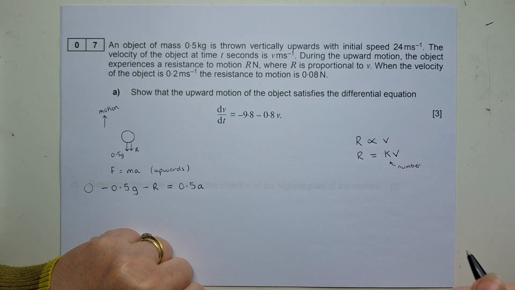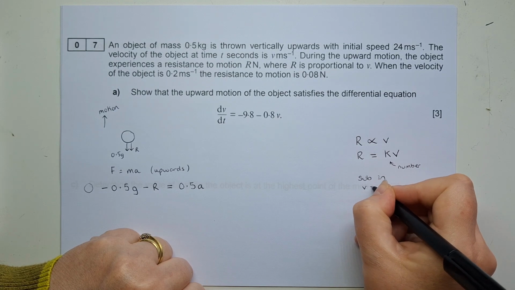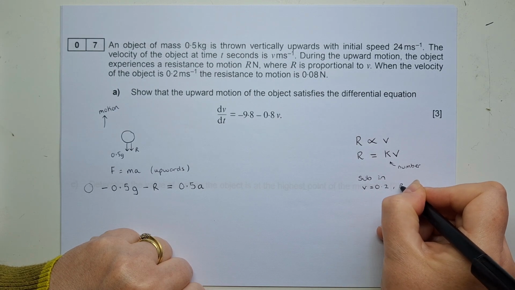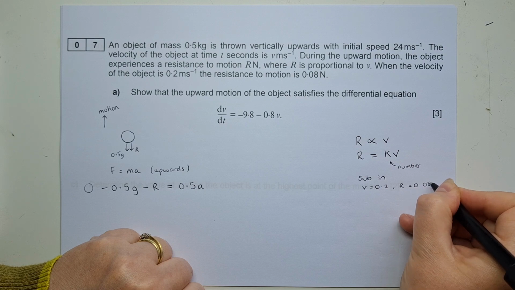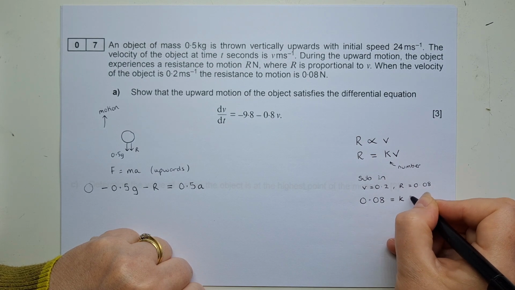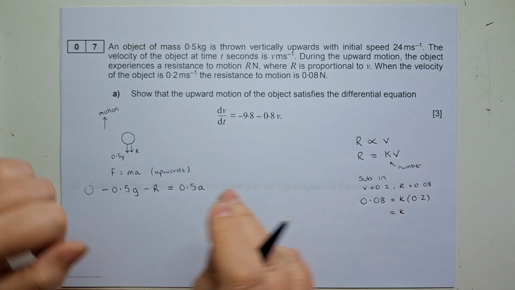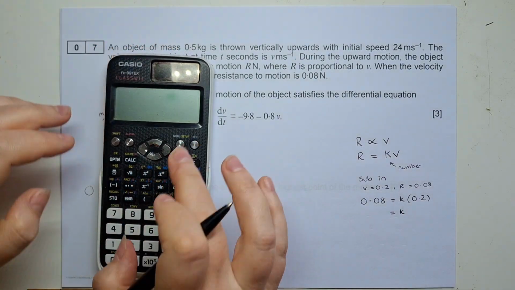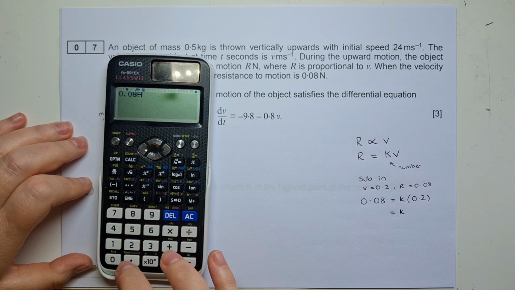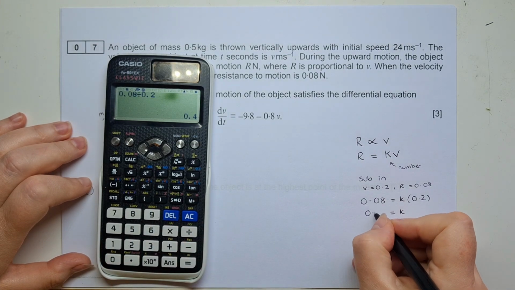So if we sub in when v is 0.2, r is 0.08, we get 0.08 is k times 0.2. Therefore, if you divide 0.08 by 0.2, you will get 2/5 or 0.4.